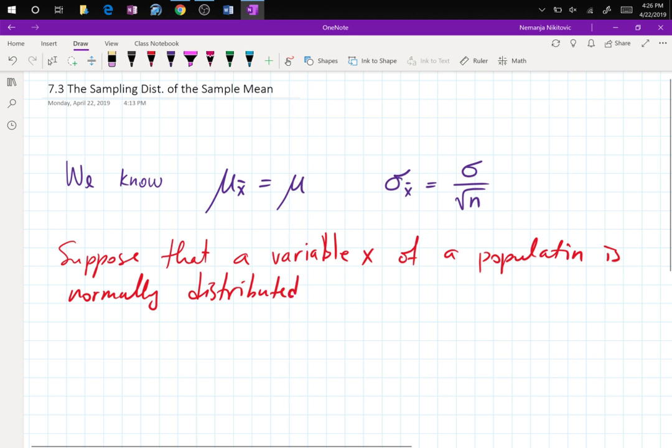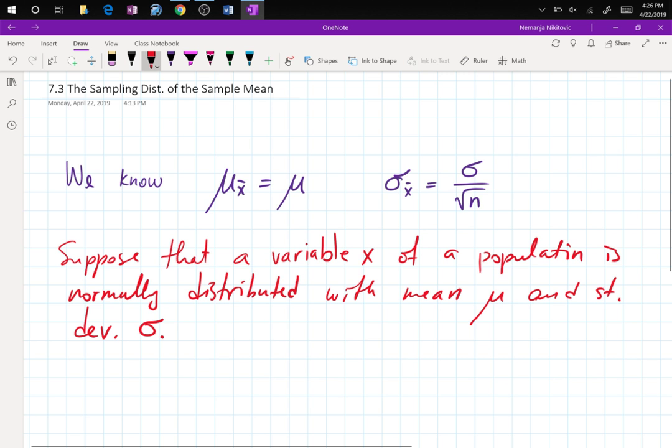You are immediately thinking heights, shoe size, IQ, all that stuff. With mean mu and standard deviation sigma.